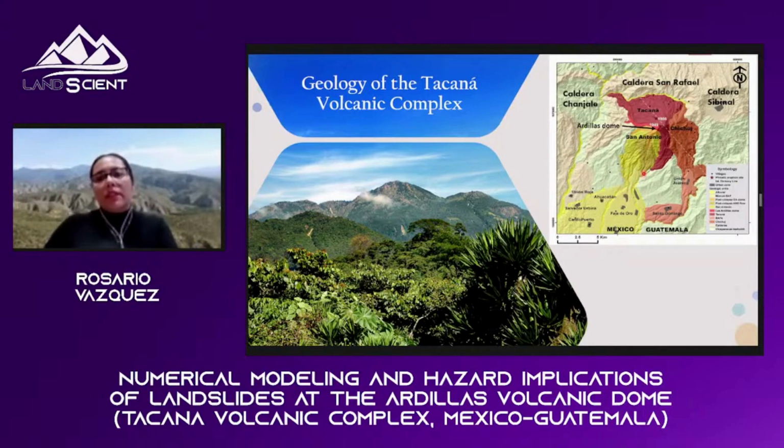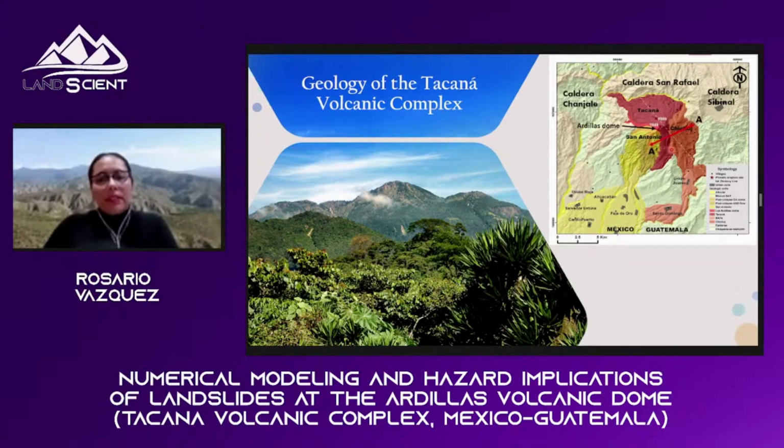And we can see the complex is surrounded by other volcanic features such as the calderas named Chanjale, San Rafael, and Sirinal. These features actually function as natural barriers for the volcano, which was constructed inside the San Rafael caldera.